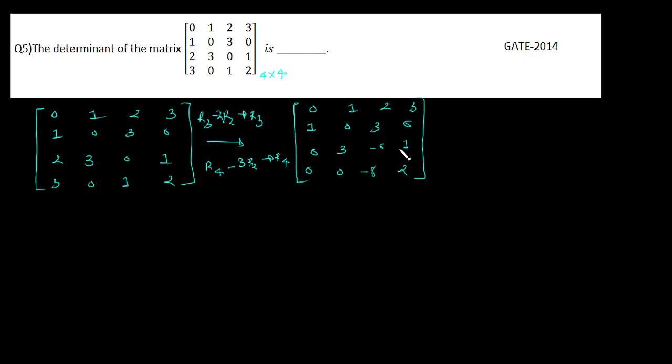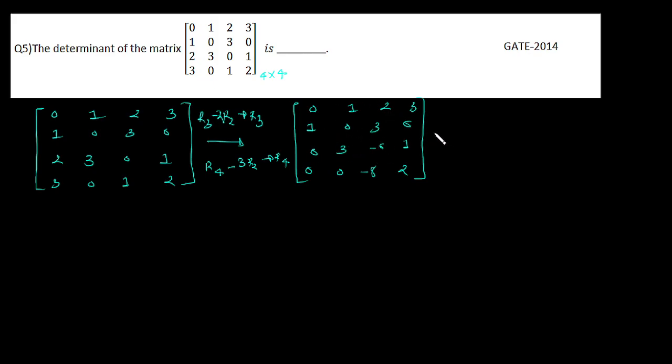So now you can decompose it about any row or column, but I am doing it about this first column, because it has only one element, and I have to write the corresponding minor of this element only, because the corresponding minors of this 0 and this 0 do not affect the determinant value of this matrix.